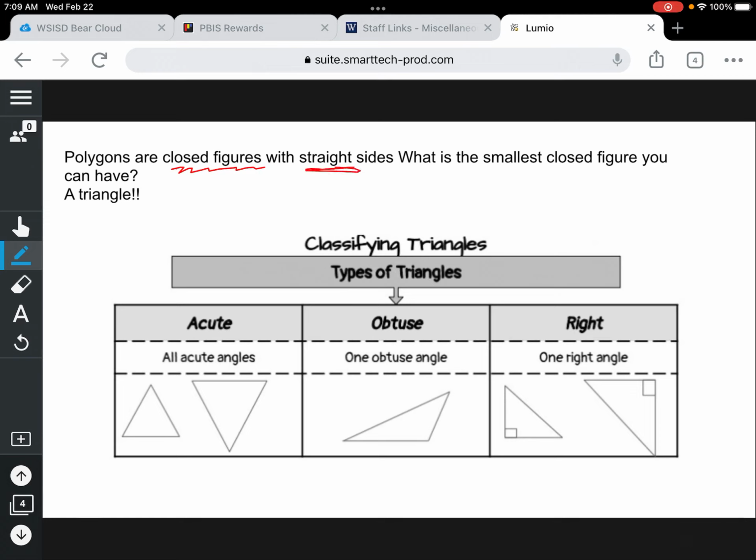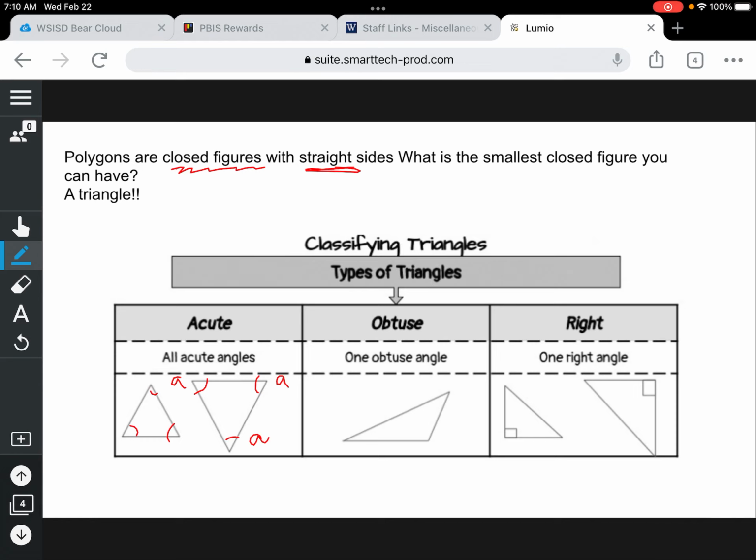A triangle. There are three types of triangles: the acute, obtuse, and right. An acute triangle will have all acute angles. So we need to look very carefully and decide, are these three angles smaller than 90 degrees?